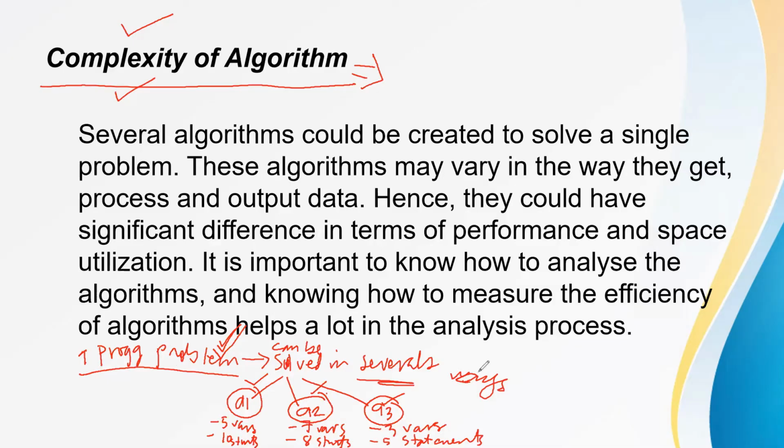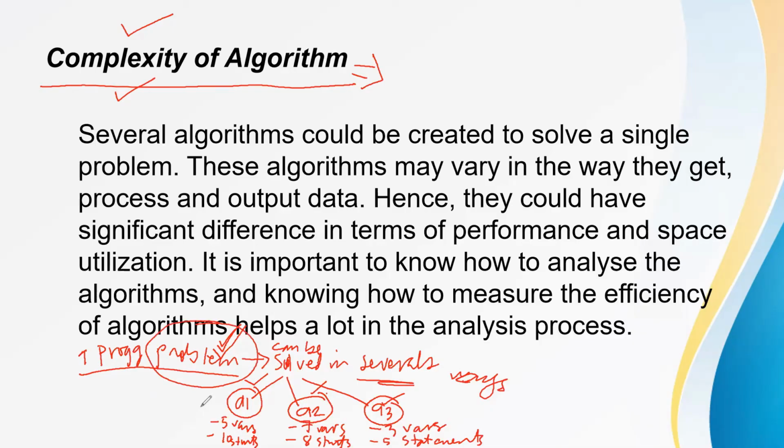The complexity now is which of these 3 solutions, algorithm 1, algorithm 2, or algorithm 3, should we select as our best solution for that one problem? What are our criteria to select the best algorithm among these 3 available solutions? Thus, the term complexity of algorithm.